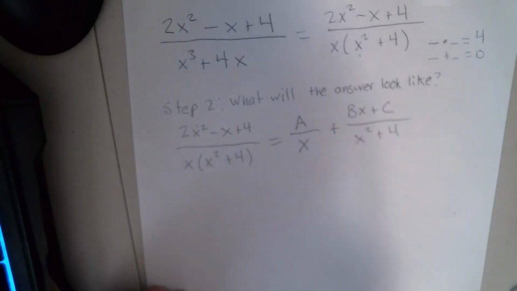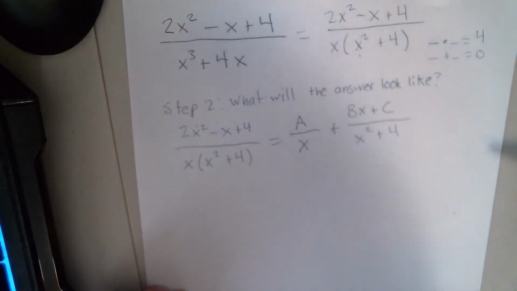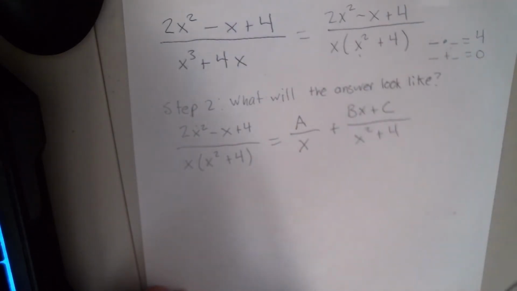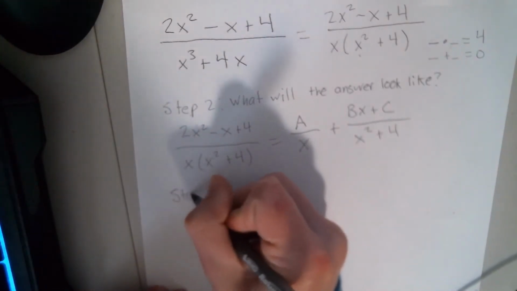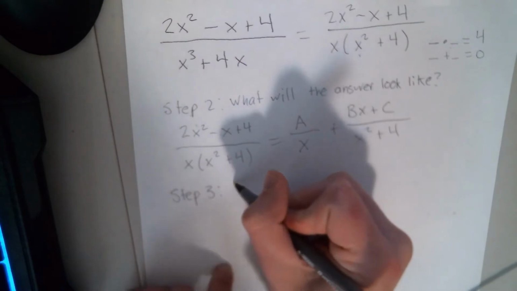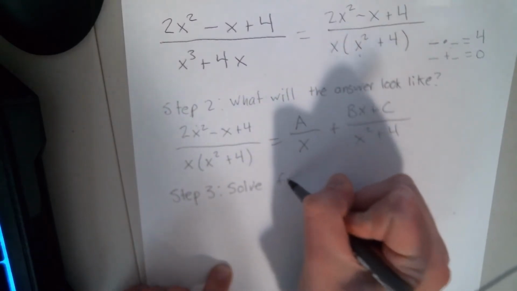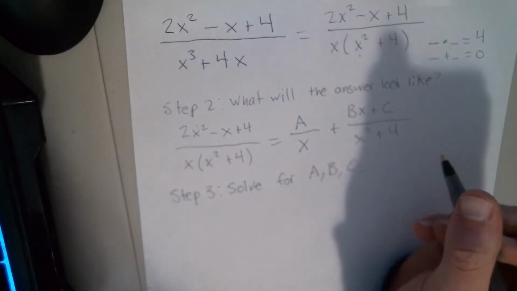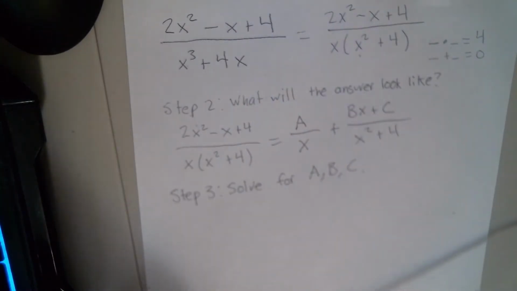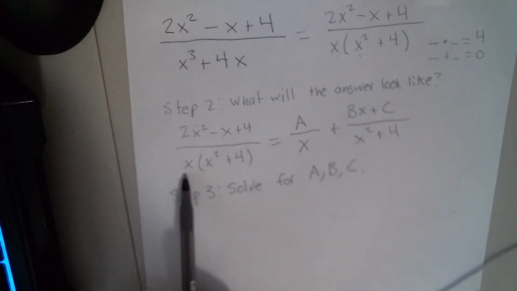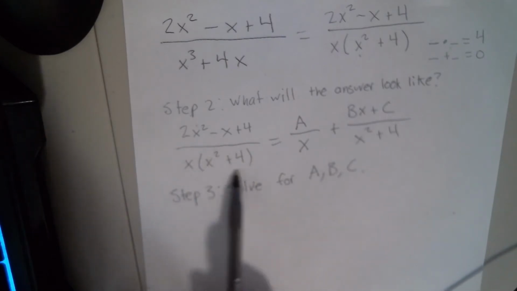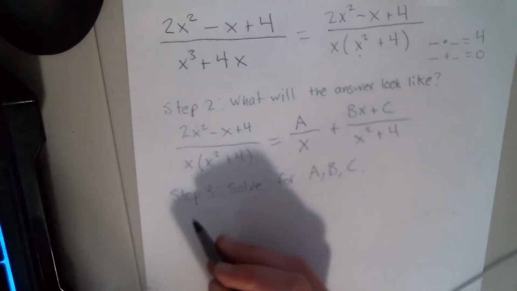Once we know what our final answer should look like, we need to find out what these letters are, A, B, and C. So step 3: solve for A, B, and C. My first thing when trying to solve is to multiply both sides by the denominator.